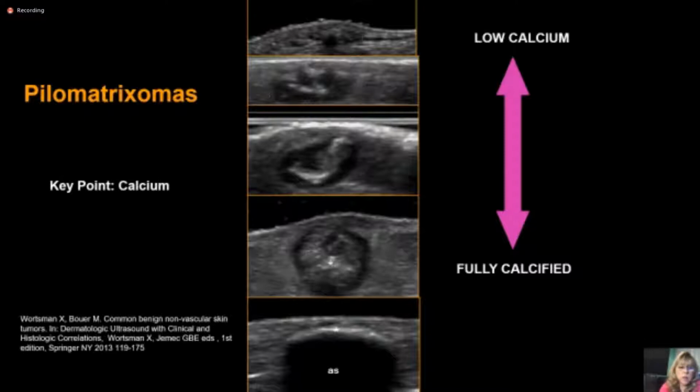The key point to diagnose pilomatrixomas is the presence of calcium, and the level of calcium is also variable because some of these lesions can present low presence of calcium and others could be completely calcified.